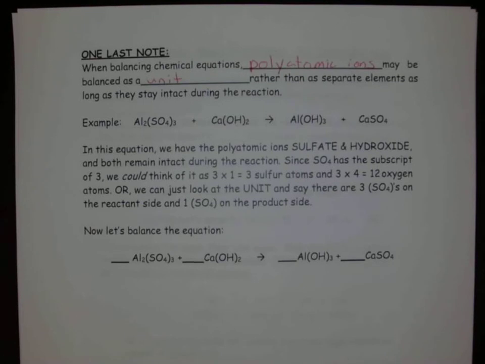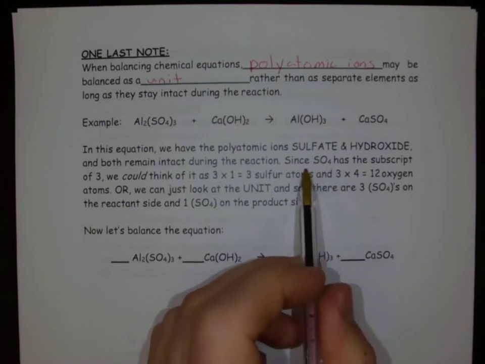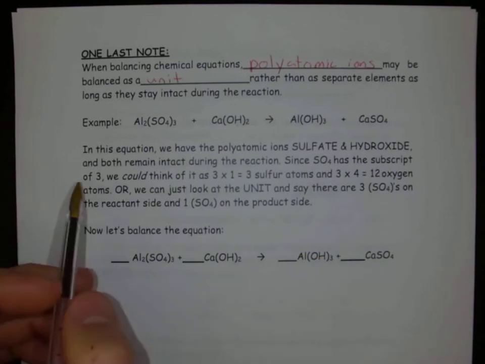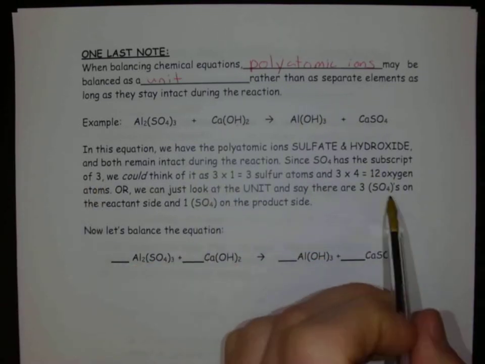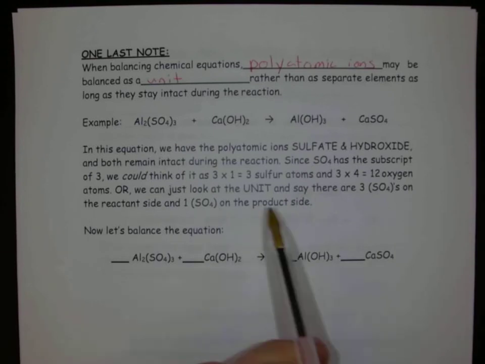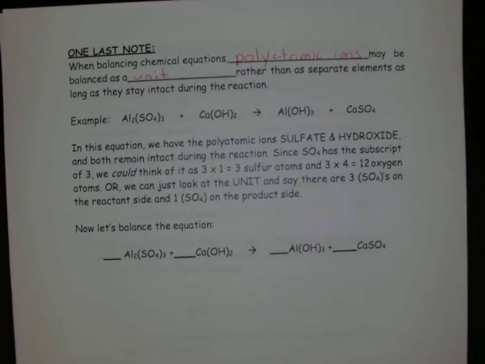This is why we need to know our polyatomics. We can think of sulfate as a whole big unit, and the subscript of 3 means we have 3 sulfates on the reactant side and 1 sulfate on the right-hand side. Okay, so let's balance this equation.